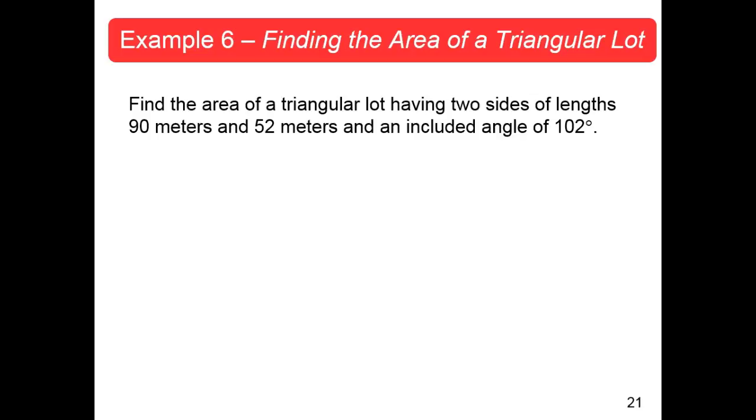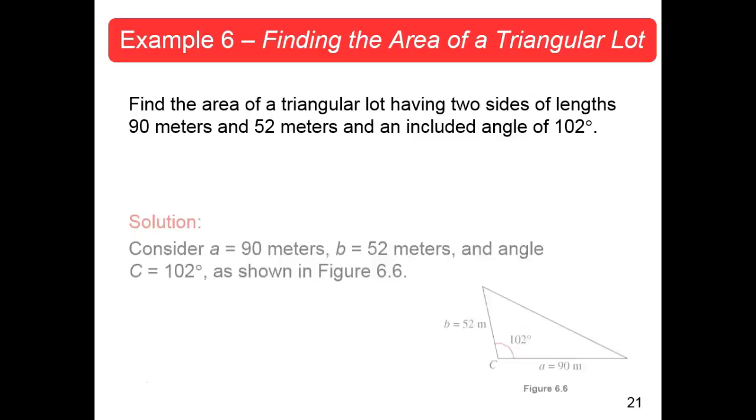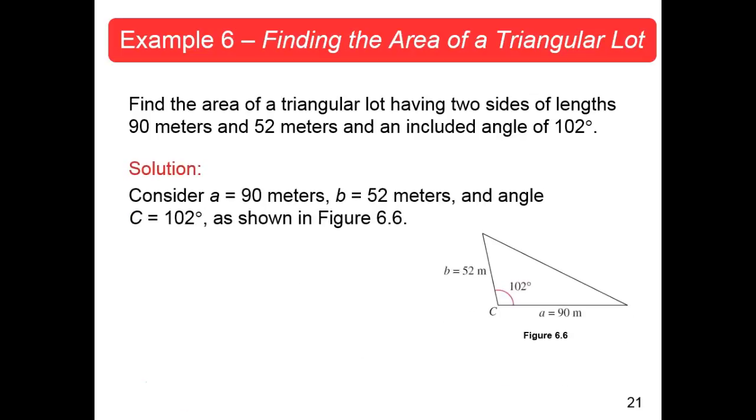So here's example 6. I think it's the same in the book. Find the area of the triangular lot with two sides of length 90 meters and 52 meters and an included angle of 102 degrees shown in the figure. I don't think they're showing us the figure. Yes, they are. Look at that. Good for them.